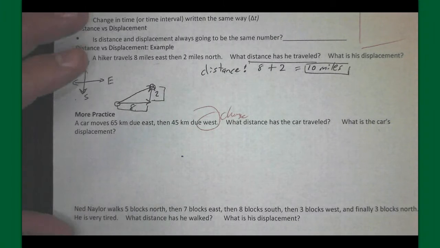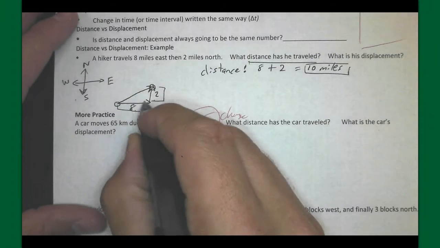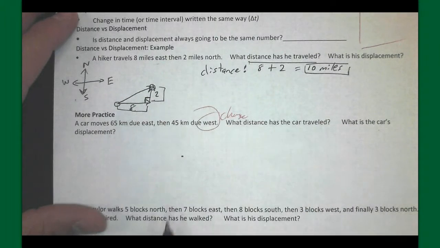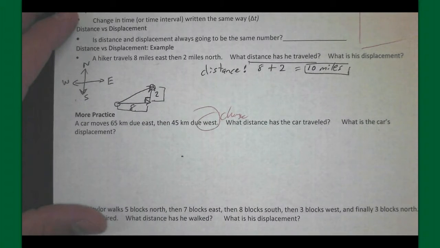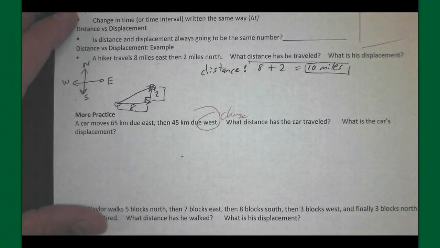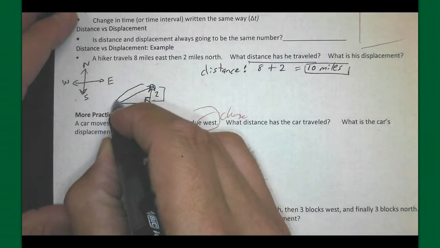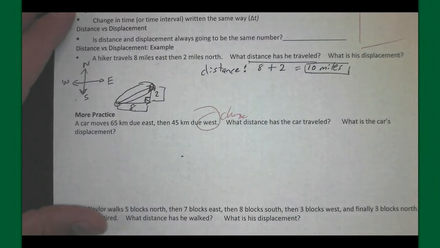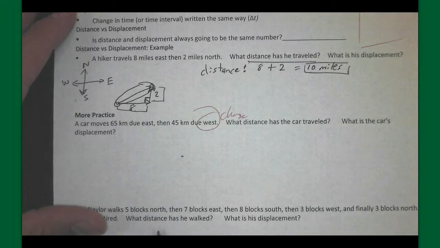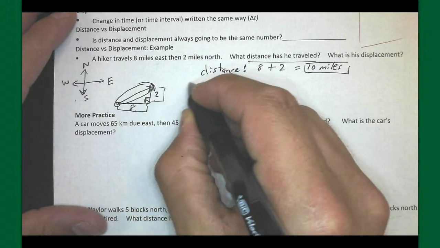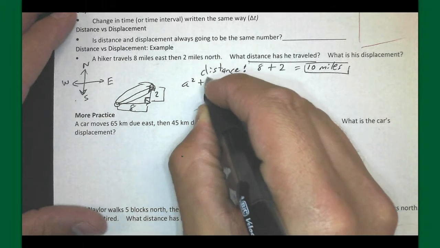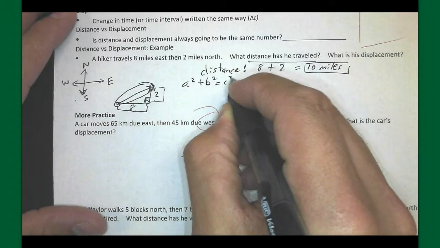Notice that we've just drawn a triangle, and you might realize that this is also a right angle, and you might know a few things from geometry about right triangles. I want to know the length of this side. You might remember that the length of that side is given by the Pythagorean Theorem, which is a squared plus b squared equals c squared.